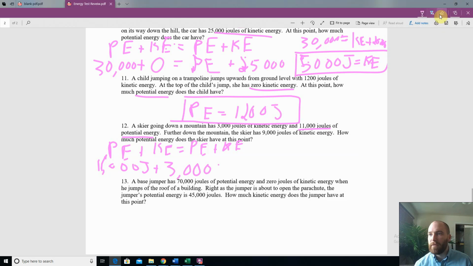I'm going to lose my units in there. So we've got 11,000 plus 3,000. Again, that's the potential and the kinetic. Equals. Alright, further down the mountain, we have 9,000 joules of kinetic, and I want to know how much potential. So equals PE plus 9,000.